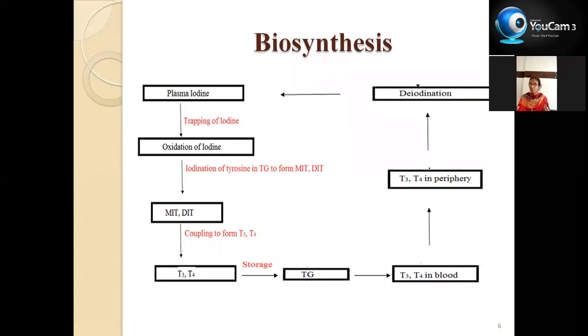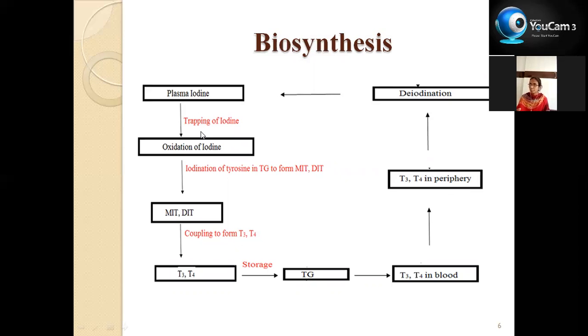Upon coupling, T3 and T4 hormones are formed and stored in the Tg. Then T3 and T4 are released into the blood and reach the periphery, where they undergo deiodination.